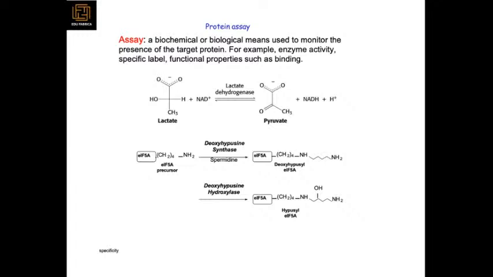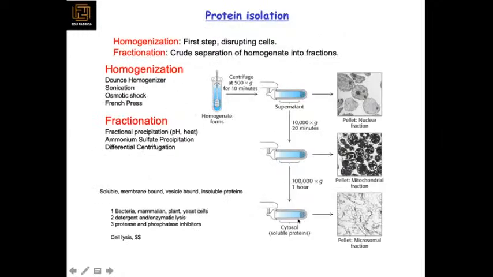This is how you can check, with the help of the enzyme, how much pyruvate is produced. The same holds for spermidine and deoxyhypusine synthase.